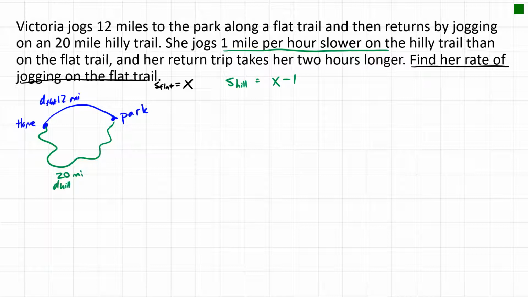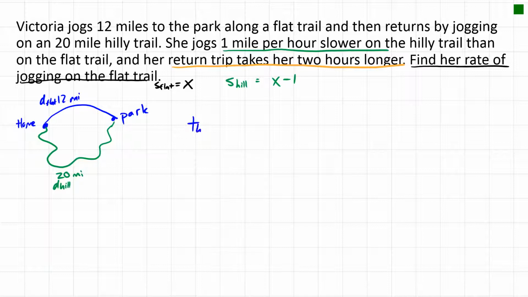And the last part of this is going to be to link these two trips. So how are they linked? They're linked by the fact that her return trip takes 2 hours longer than her initial trip. So the green trip along the hilly trail takes 2 hours longer than the flat trail took. So that means the equation looks something like this.